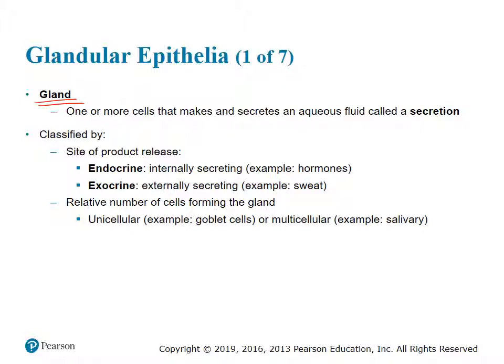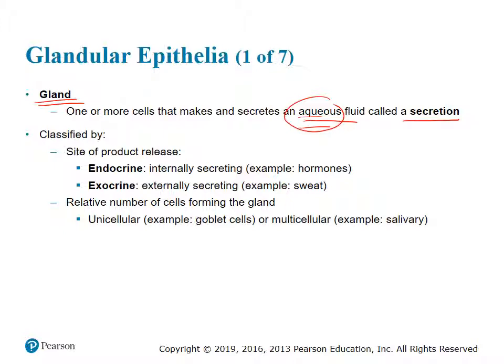These collections of epithelial cells make a gland and they secrete what we call a secretion. This is the fluid, which is aqueous based. Does anybody know what that means? This really pretty word, aqueous.